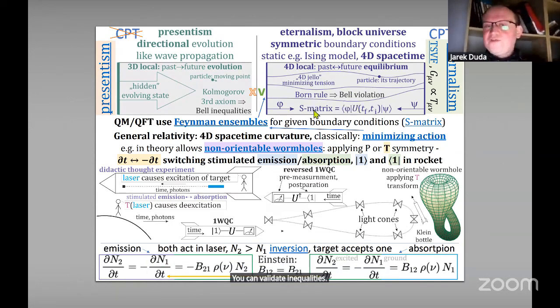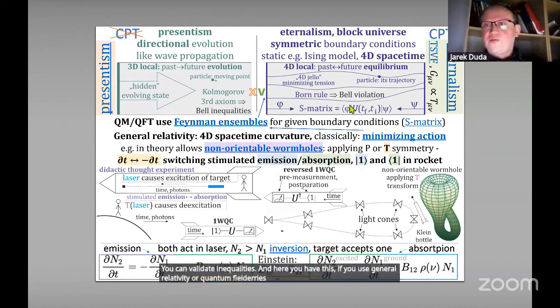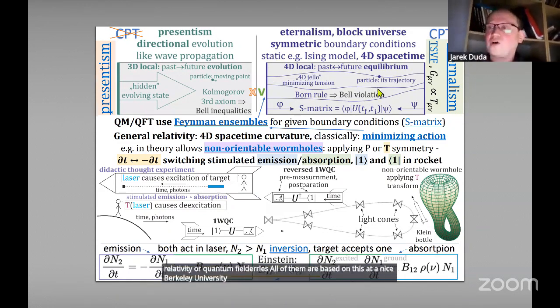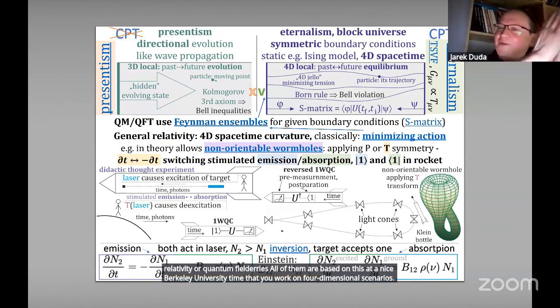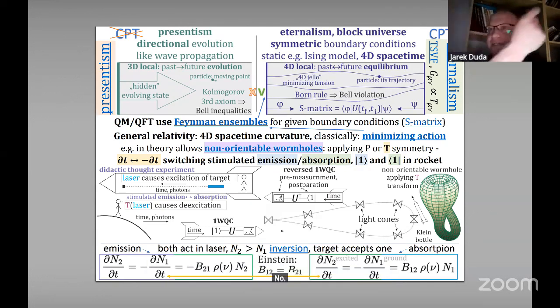And here, if you use general relativity or quantum field theories, all of them are based on this eternalized block universe philosophy of time, that you work on four-dimensional scenarios. You don't say that space-time is developing. No, space-time already is and satisfies the equations, Einstein's equations.